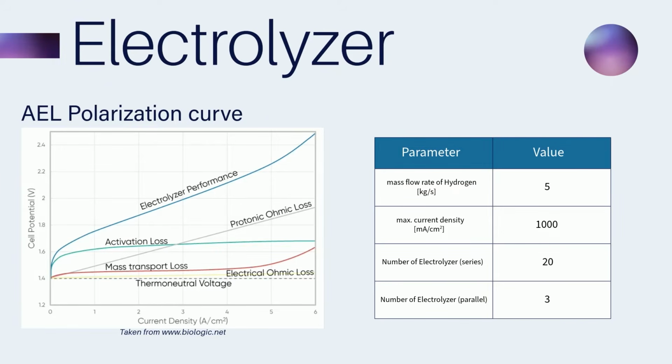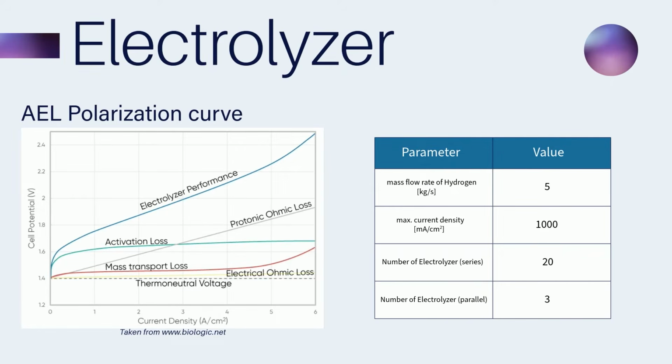You're seeing this blue line, which shows the electrolyzer performance. It gradually increases from 0 to, let's say, 6. This is due to the losses that stand in front of the performance of the electrolyzer. These losses could be activation loss, which is usually known as region 1, the ohmic loss, and the concentration or mass transport loss.